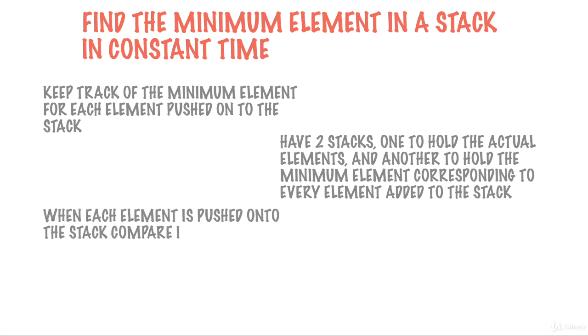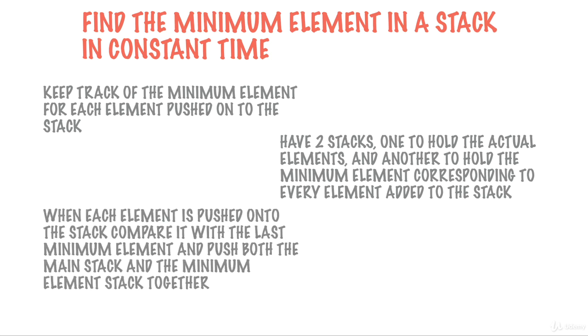So, how would we maintain these dual stacks? When we add an element or push an element onto the stack, we compare it with the last minimum element that we saw. That is, we compare it to the top of the second stack, which holds the minimum elements. If the new element that we're adding is a new minimum, we basically add this new element to the minimum stack as well as the original stack.